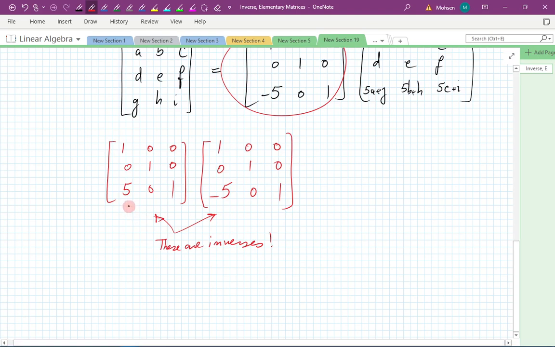So we are not overwhelmed by a gazillion things to do to figure out an inverse, whatever off diagonal entry you have. So here we have identity. Then there is one single off diagonal entry that shows you what multiple of what row is to be added to what other row. The inverse of that is obtained by just flipping the sign to negative of whatever it was. Let's just go ahead and verify.